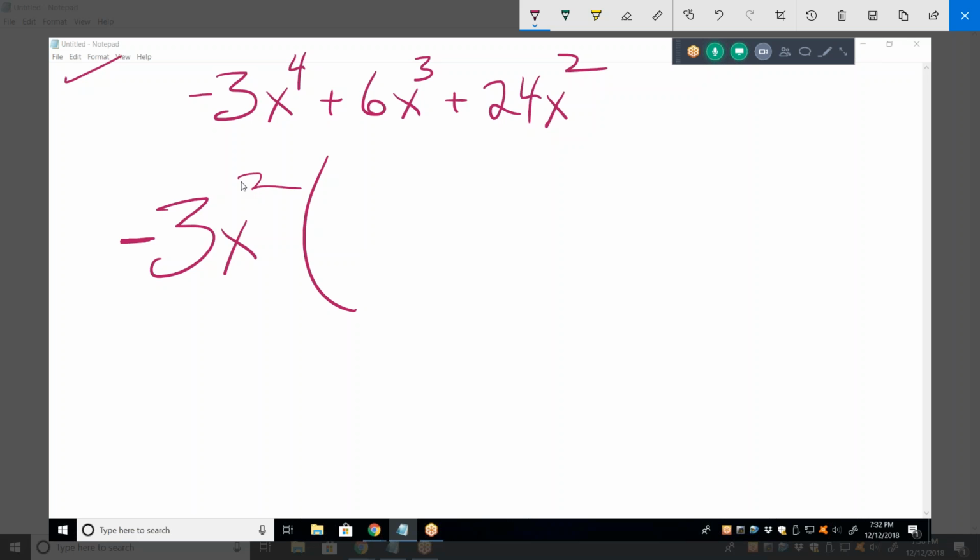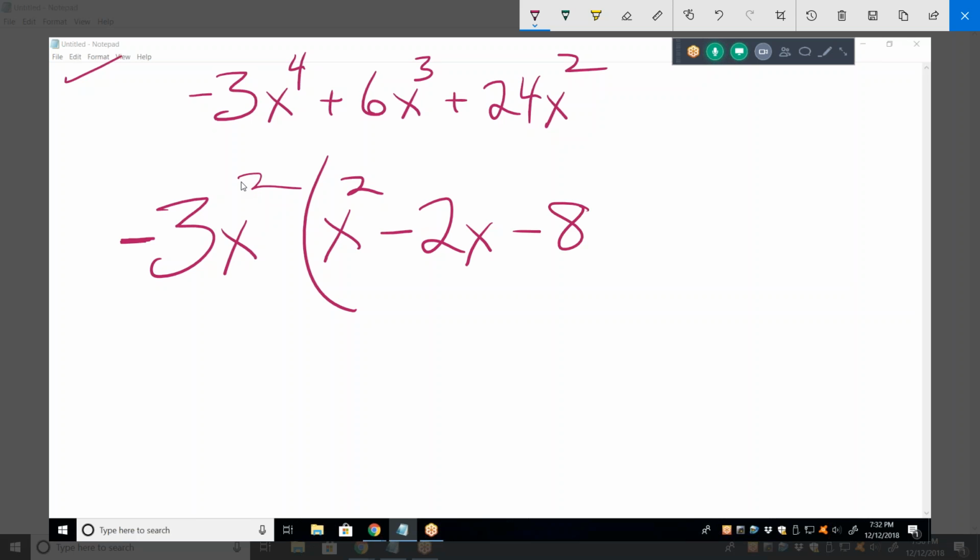So what is left over? x squared minus 2x minus 8.